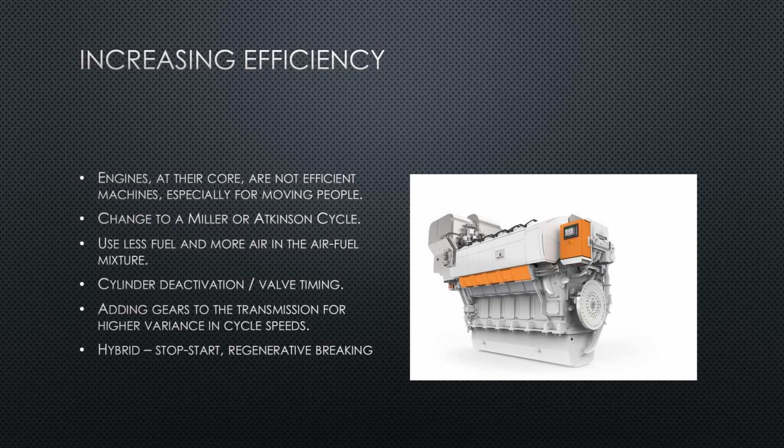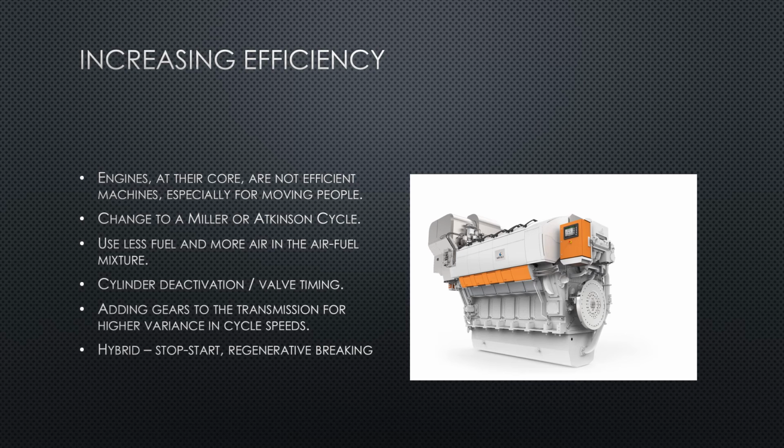And then another way is by using less fuel and more air in the air-fuel mixture. This isn't as simple as just, use less fuel in there. The proportions still have to work to make this engine operate properly, but there are ways of doing it. Then another principle is this idea of cylinder deactivation and valve timing as well.